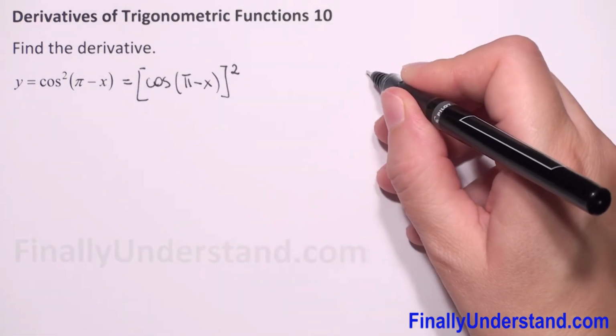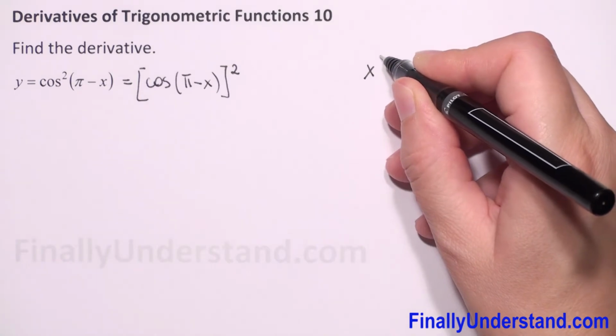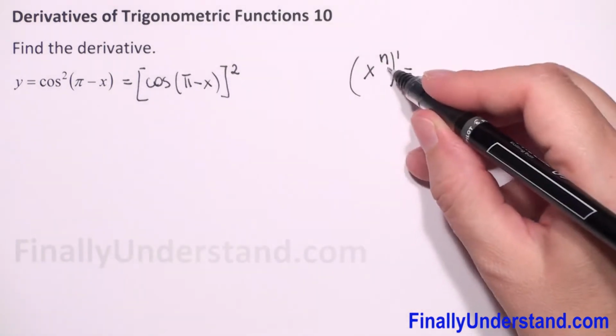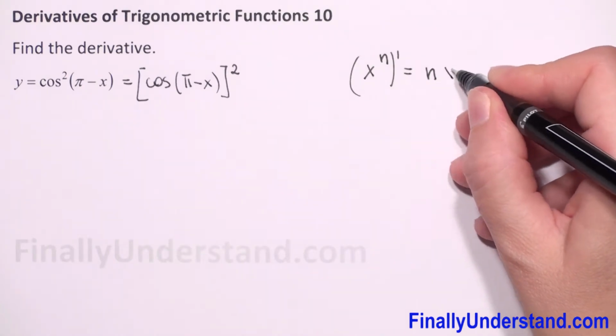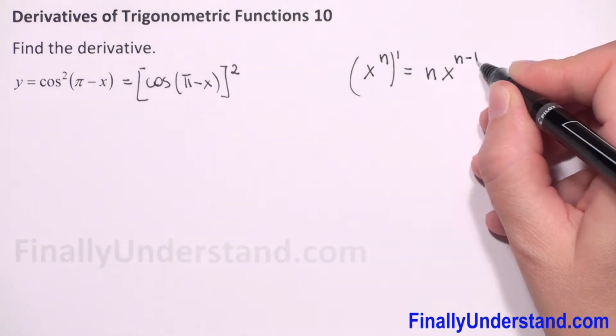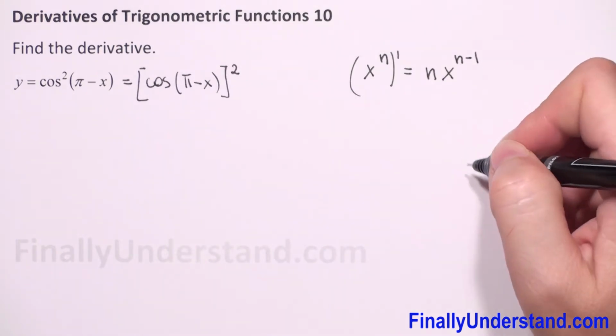When we have x to power n, the derivative is equal to: we copy the power times x, and the power is less 1, n minus 1.